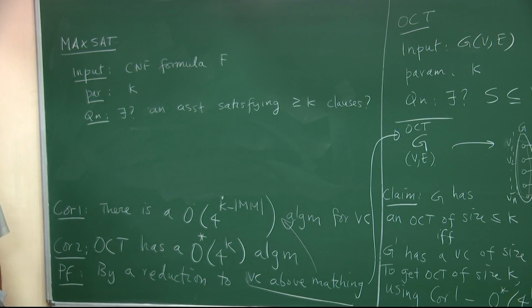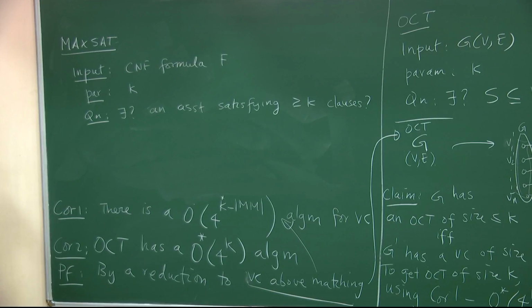This was the standard version of max SAT, and we saw a very nice kernel with at most 2k clauses and k variables. One can do some branching algorithm and get an FPT algorithm for this. Once you have a nice kernel, you can get a good FPT algorithm.